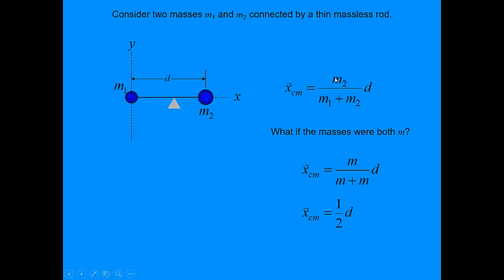If M2 is 100 kilograms and M1 is 1 gram, well, 100 over 100.001, an extra gram is essentially 1, and the center of mass would move right into M2, which again kind of makes sense.